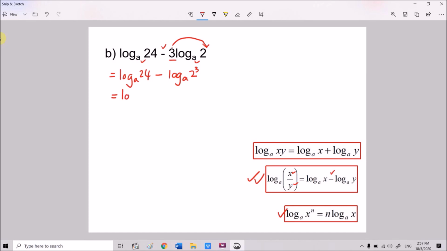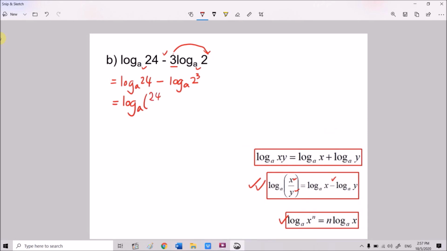So we have log base a of 24 over 2 to the power of 3, which is 8. And 24 divided by 8 is 3. So I have simplified this into a single logarithm.